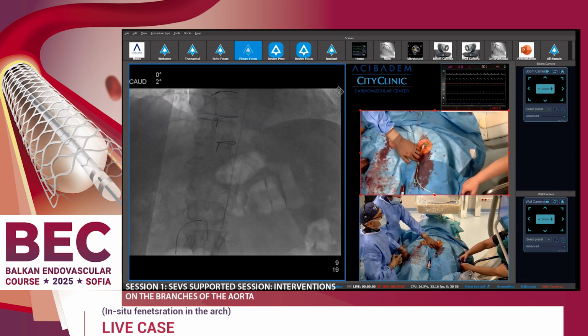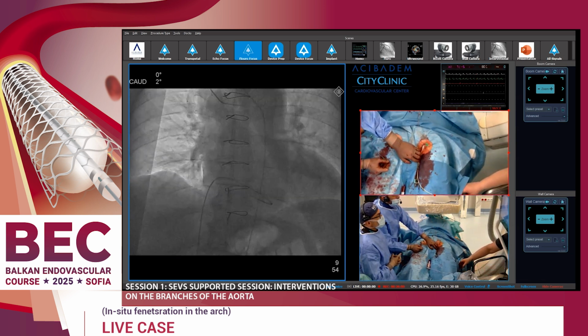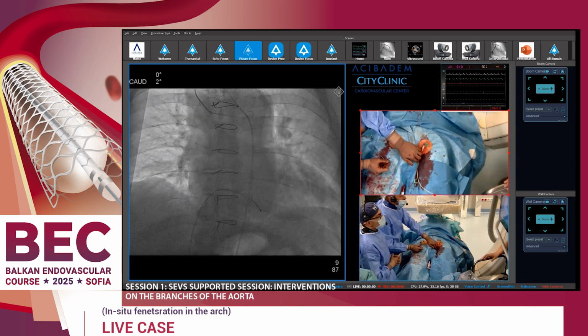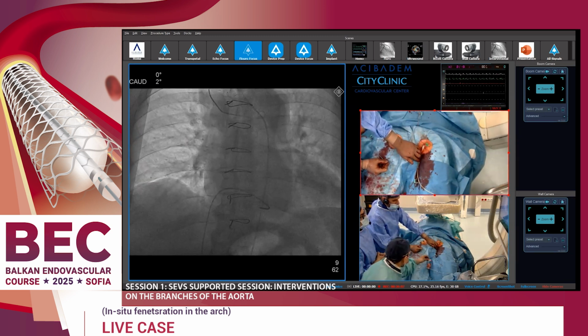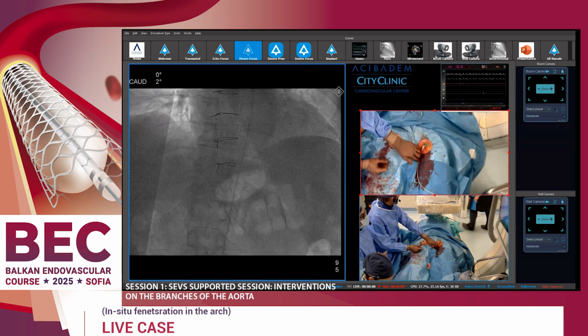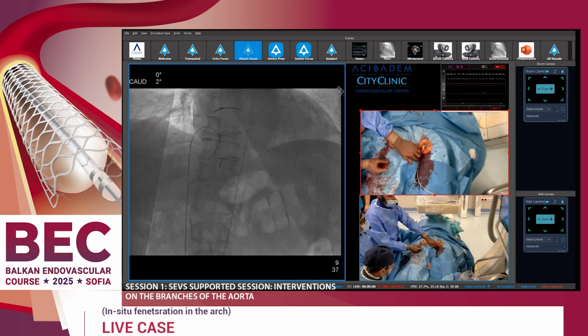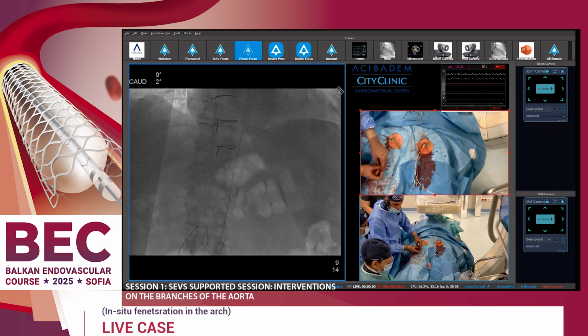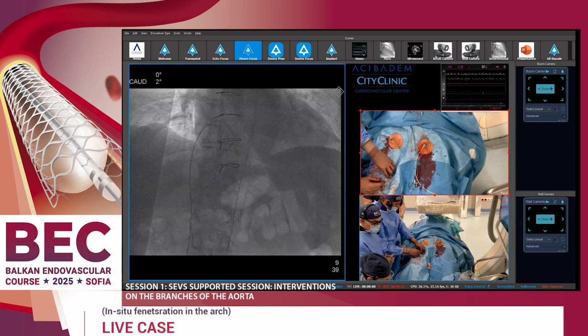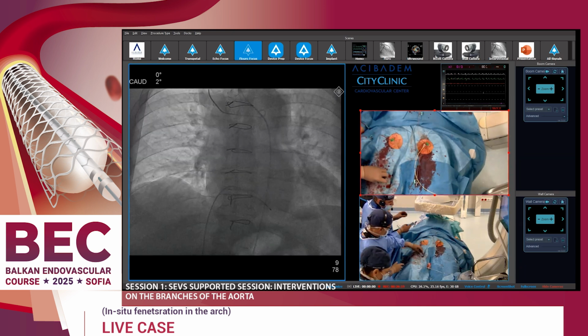We have relatively deep conscious sedation of the patient, but not intubation. Our colleagues from the anesthesiology department are ready to intubate if necessary, but our general approach is not to intubate the patients.